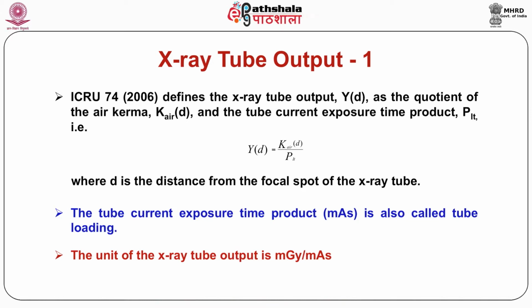So, d is the distance from the focal spot of the X-ray tube, as shown in the figure, and a schematic setup has been demonstrated. The tube current exposure time product, that is mAs, is also called tube loading. The tube output is usually expressed in the units of milligray per mAs.